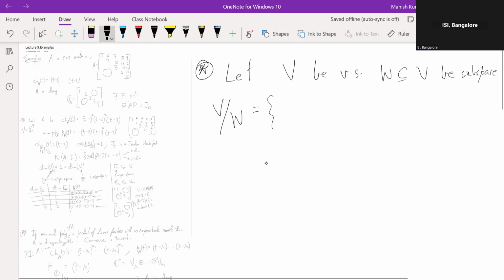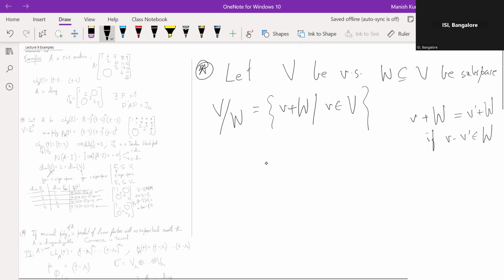Yeah. So you look at cosets. For instance, left cosets v plus W, v in V. Of course, v plus W is equal to v prime plus W if v minus v prime belongs to W.